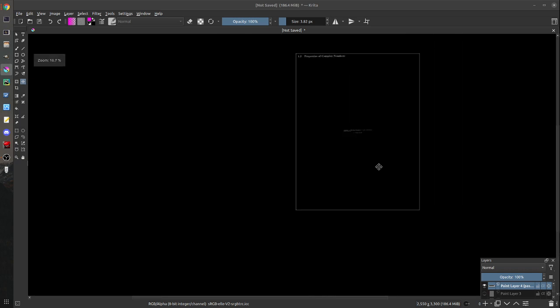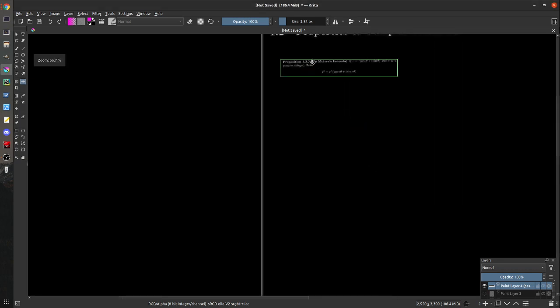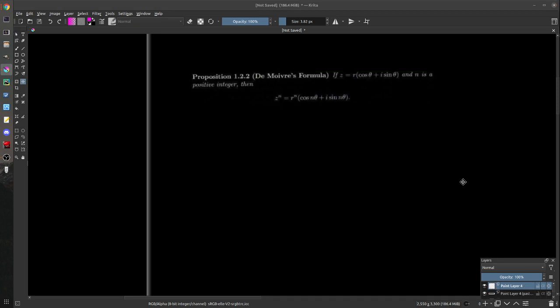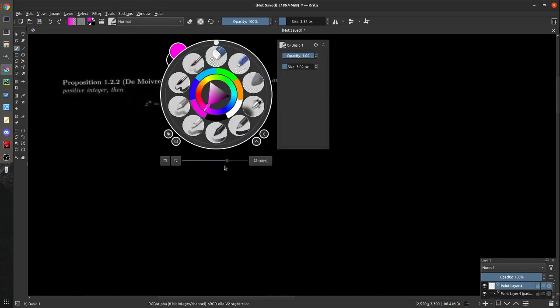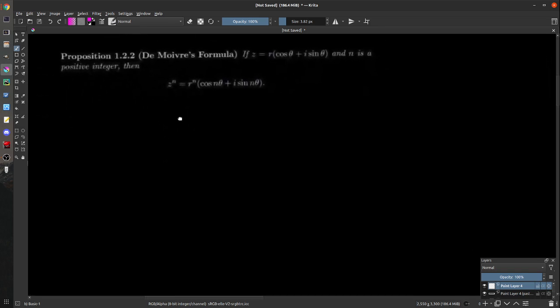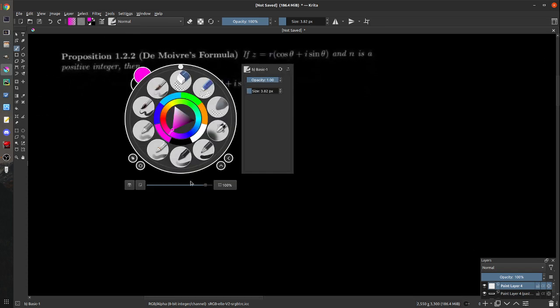All right, good enough. Add another paint layer really quick. All right, there we go. Okay, cool. So now that we're back to it, here is de Moivre's formula. De Moivre. Maybe I'm pronouncing it wrong, but that's how I've heard it in my life.